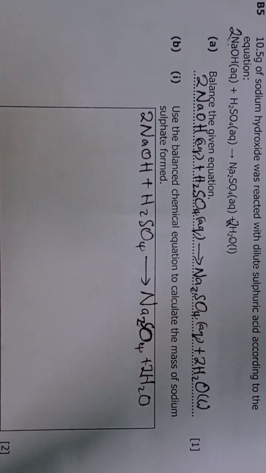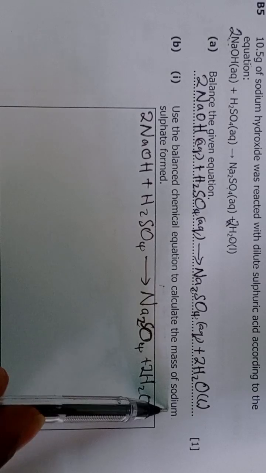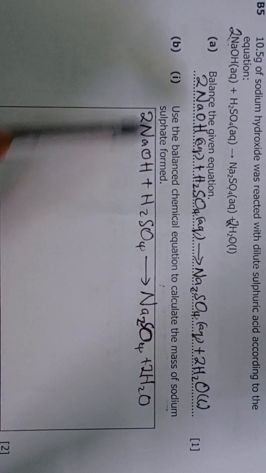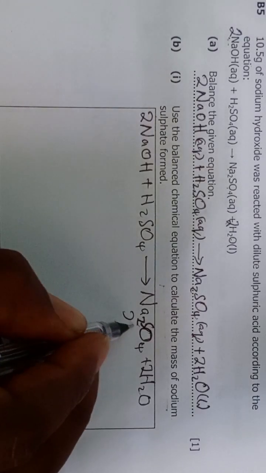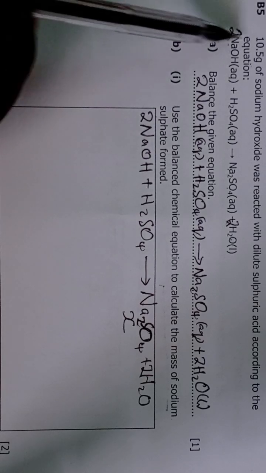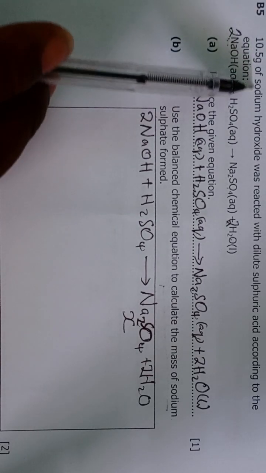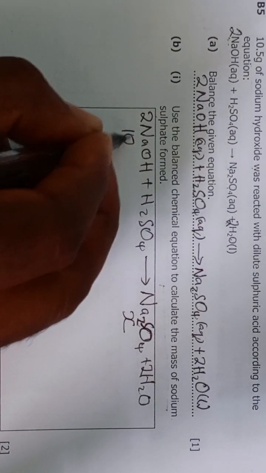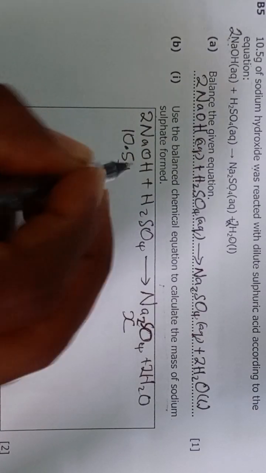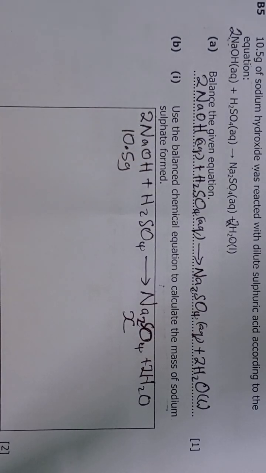The demand of the question is calculate the mass of sodium sulfate. So I'll put X below sodium sulfate. Then what have we been given? From the question, we've been given 10.5 grams of sodium hydroxide. So I'll write 10.5 grams below sodium hydroxide.